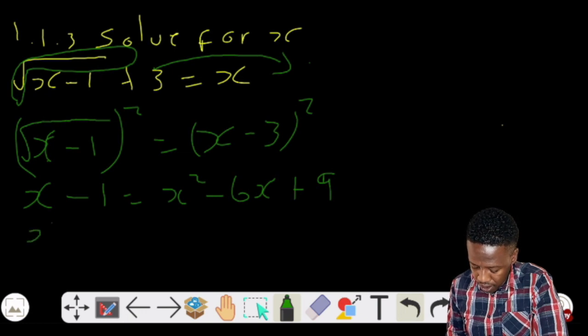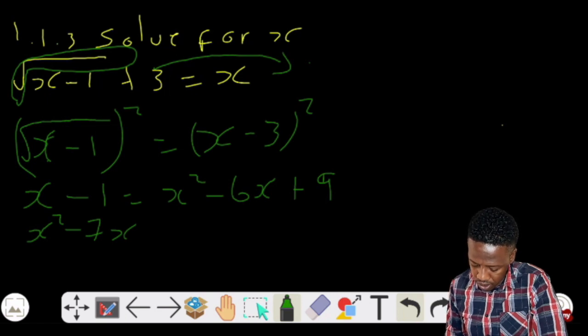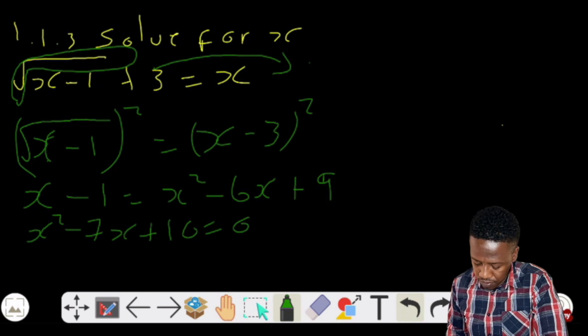Now let's try to get everything on one side. We are going to have x squared, minus 7x, plus 10. If you take the 1 to the other side, it's x squared, minus 7x, and taking the 1 again to the other side gives plus 10 equals 0.